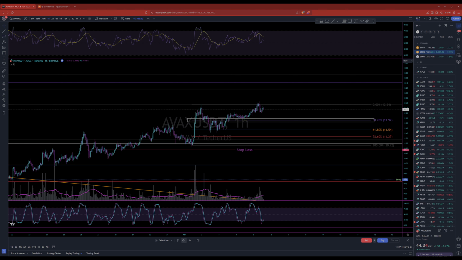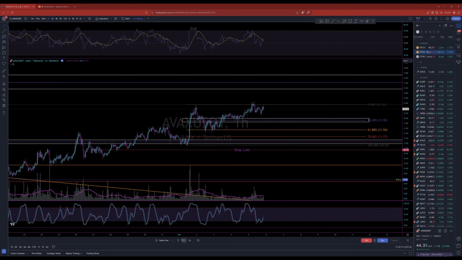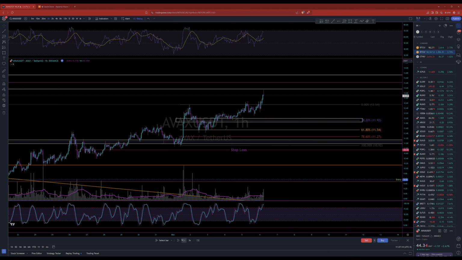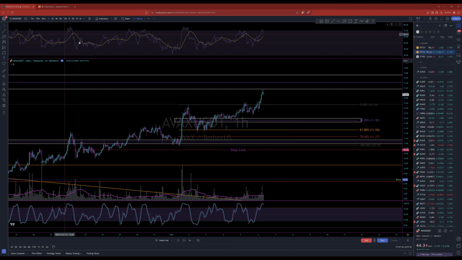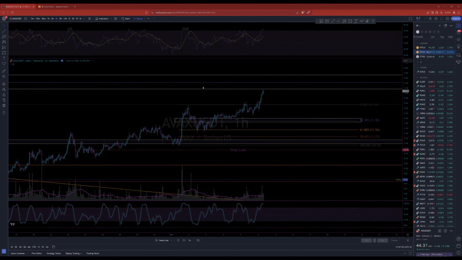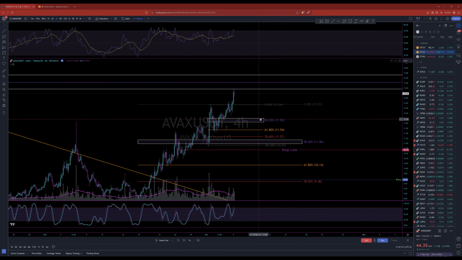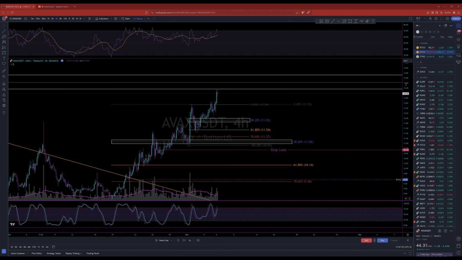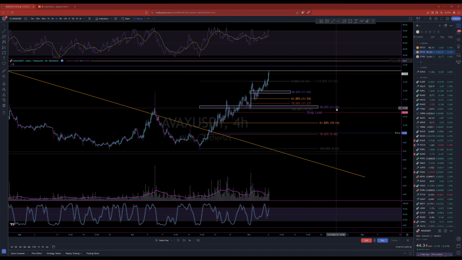Higher high. Boom, hits our zone. Let's look at the 4 hour. No sell signals yet.